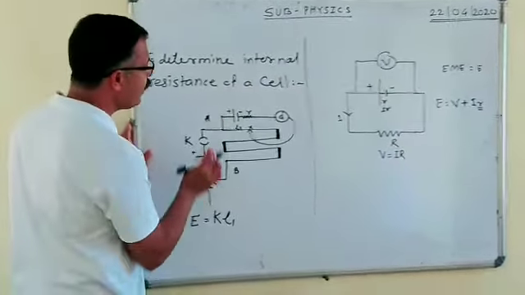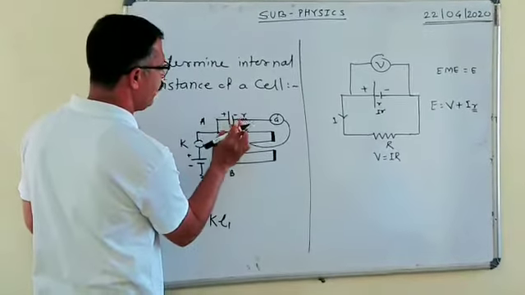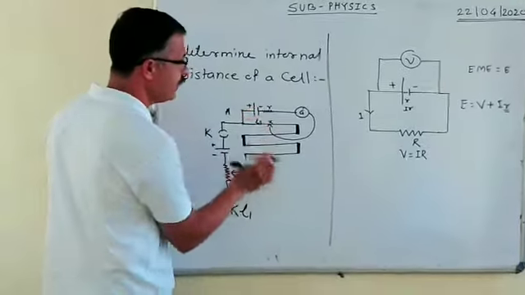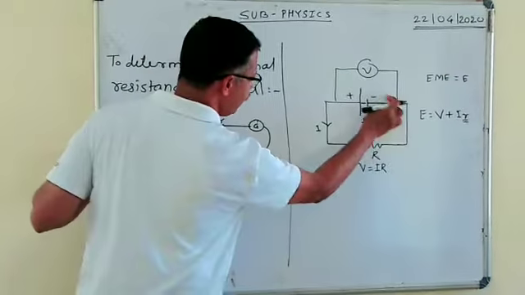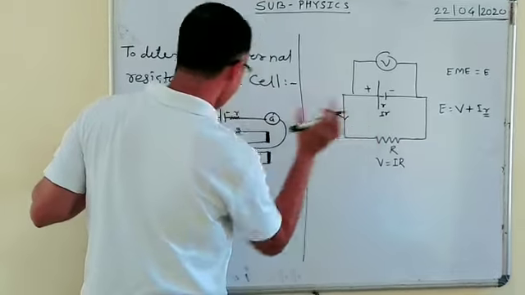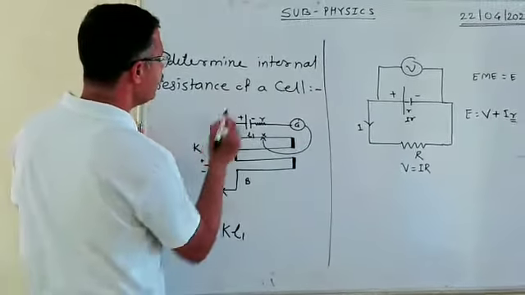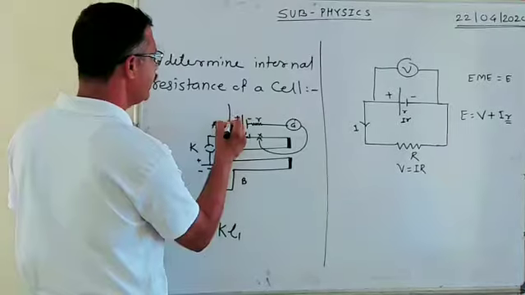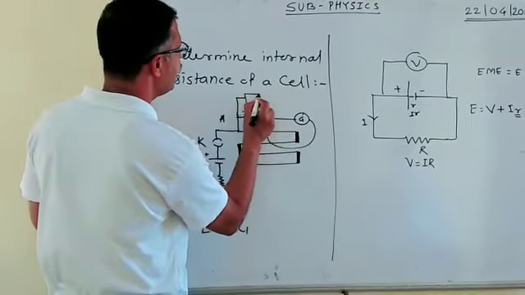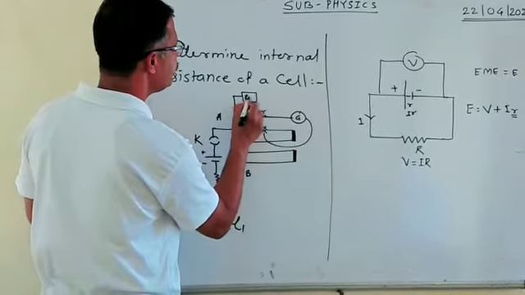Now, I would like to determine the internal resistance r. For that purpose, it is necessary to flow current through this cell by using an external resistor. In the same manner, we will connect the external resistor across this cell; let us consider it is a resistor box.